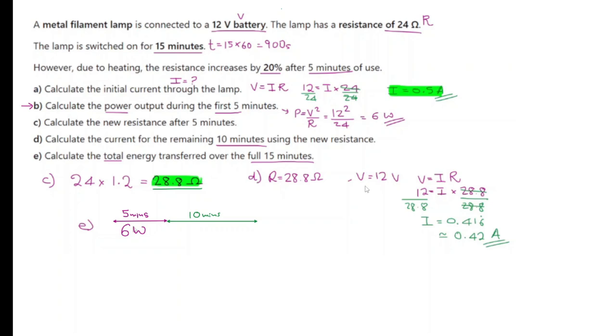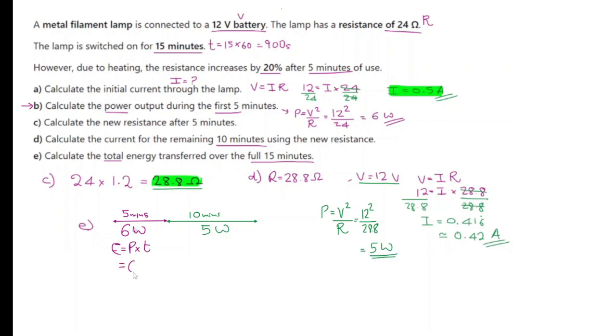The voltage still remains at 12 volts. So to get the power, I can simply use the equation V squared over R, which is 12 squared divided by 28.8. And this gives me the new power as 5 watts.